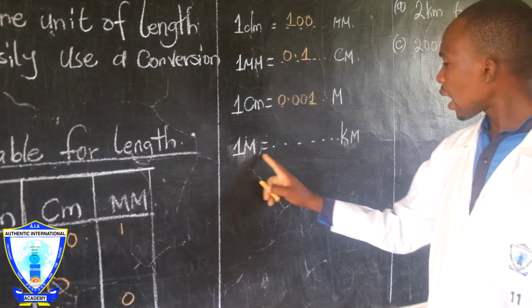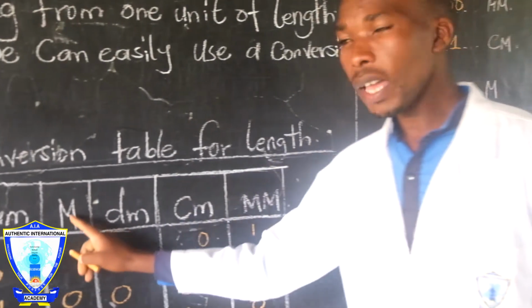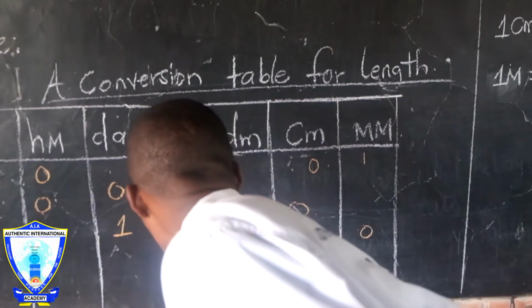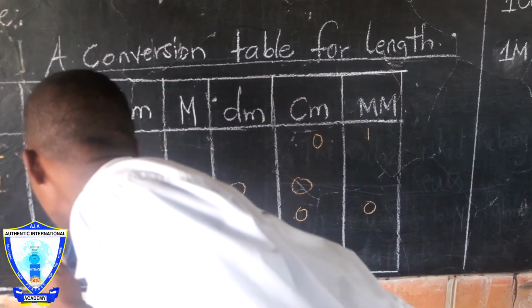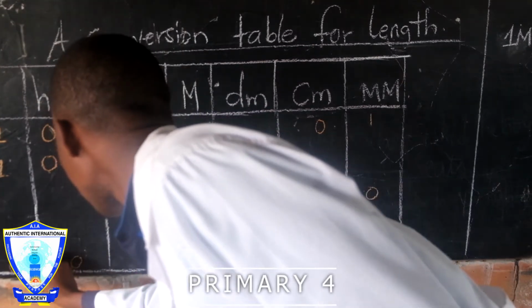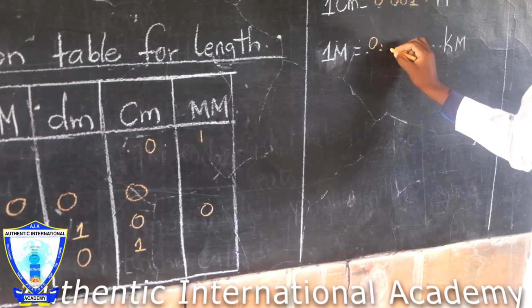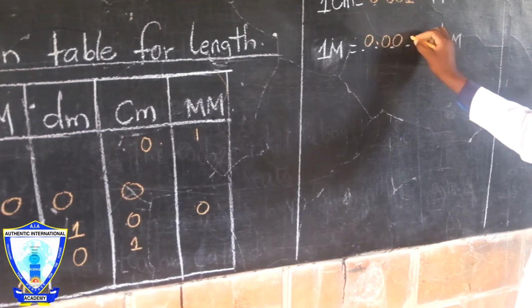Finally, meter to kilometer, also from a smaller unit to a bigger unit. 1, 0, 0, 0. I'm going back. Finally, the answer is 0.001. Thank you.